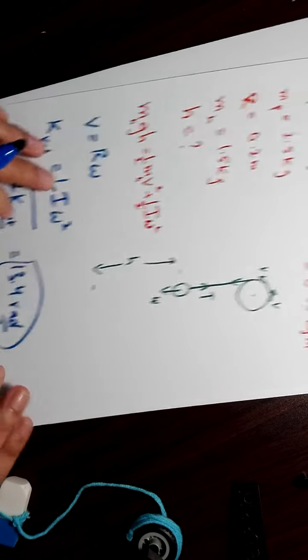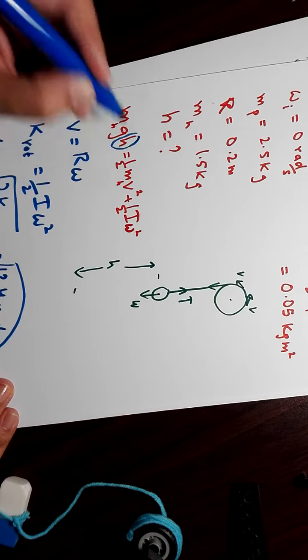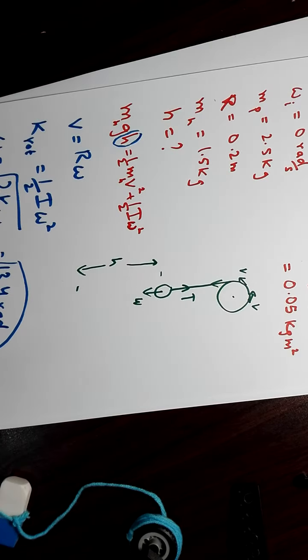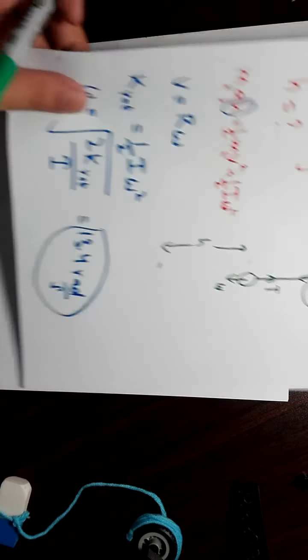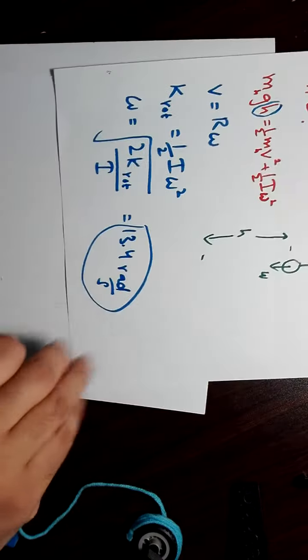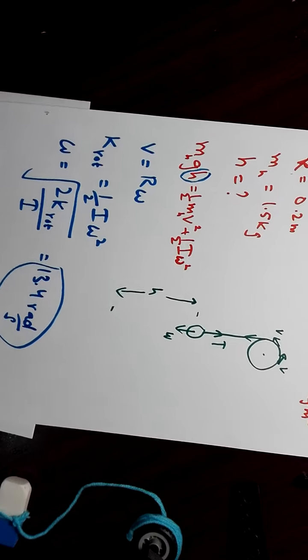Now we can go back to the conservation of energy equation, which is going to give us the height that we want. Now you can solve for the height. So let's solve this equation. You can divide both sides by m_h times g.